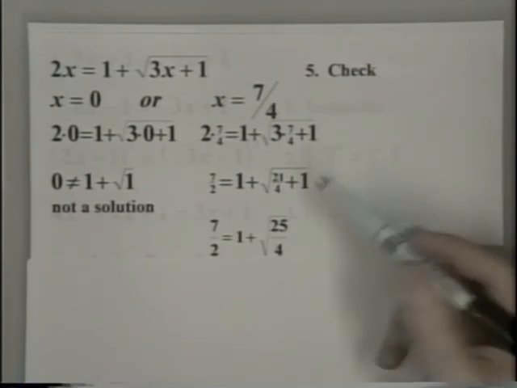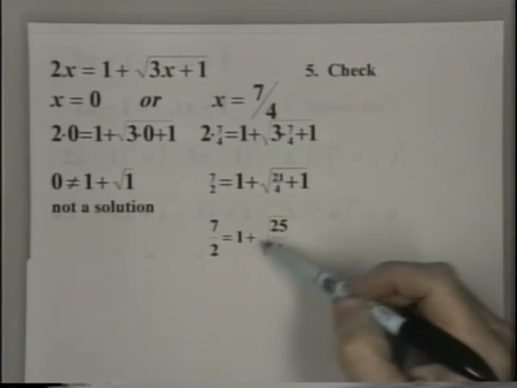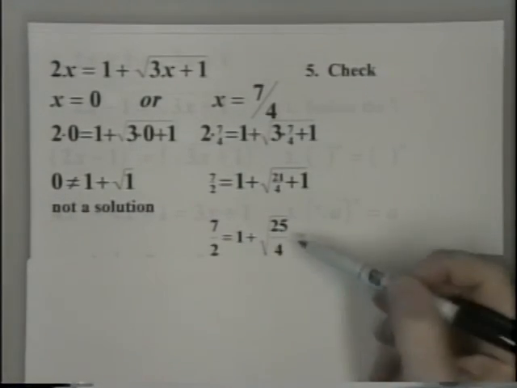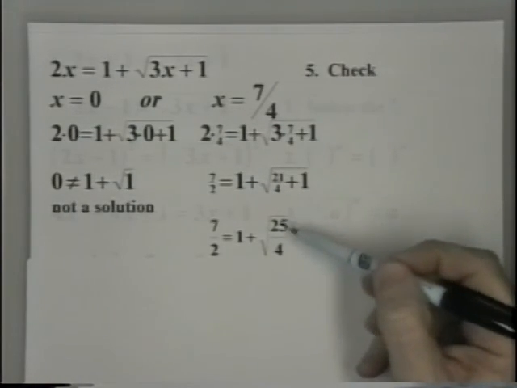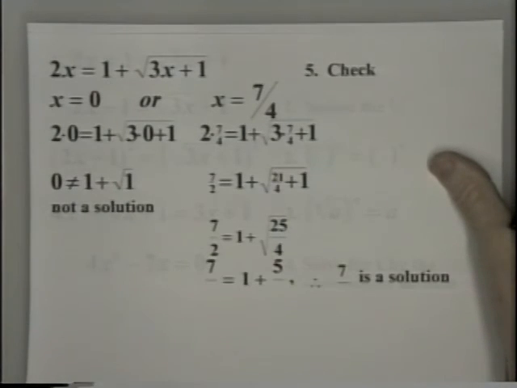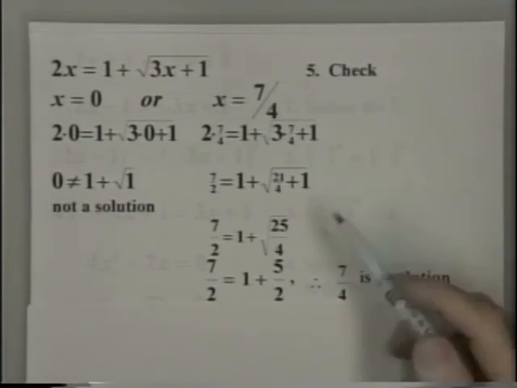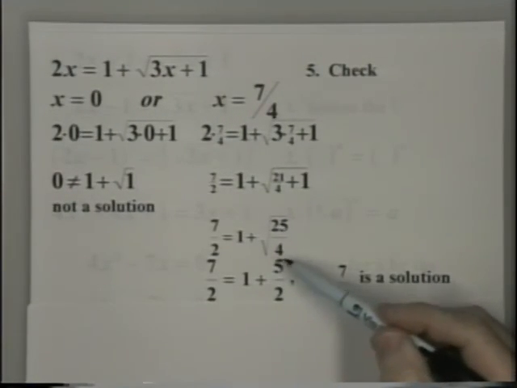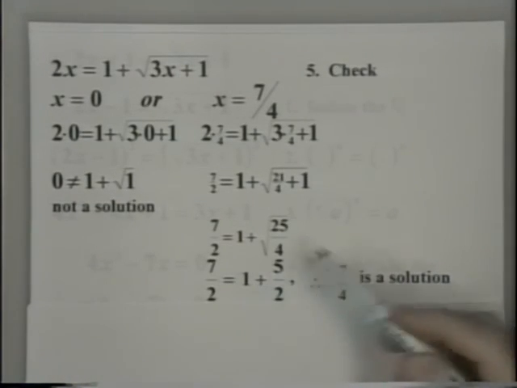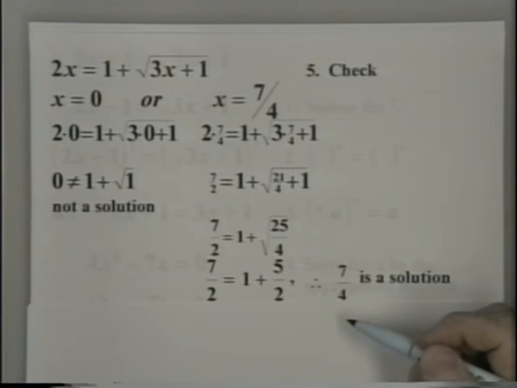There it is. So 7/2 equals 1 plus the square root of 25/4. And that's a perfect square underneath the radical. 5/2. And so 7/2 equals 1 plus 5/2, that's 2/2 plus 5/2 is indeed 7/2.